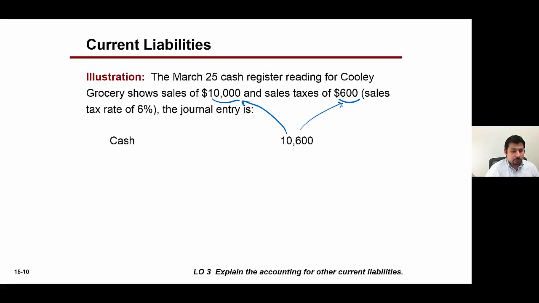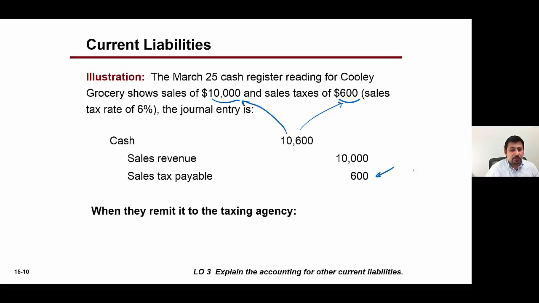As a result, the company will debit cash 10,600, credit sales revenue 10,000, and also record a sales tax payable of 600. This is the amount that later on will be remitted to the tax agency. When later on they send this money to the tax agency, the company will be paying cash, so the company will credit cash 600 and debit sales tax payable 600.